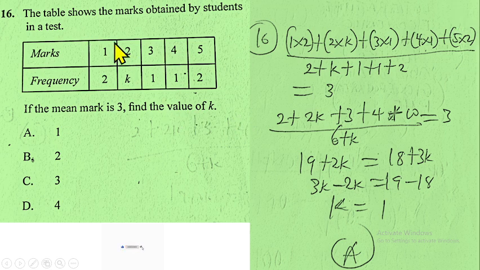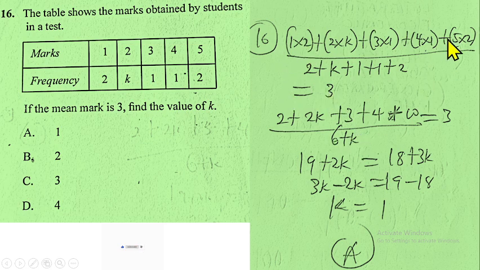So like I said, this is a group data. Then how do we find the mean of a group data? It's quite simple. It is 1 times 2 plus 2 times k plus 3 times 1 plus 4 times 1 plus 5 times 2, divided by the total frequency, which is 2 plus k plus 1 plus 1 plus 2. 2 plus 1 is 3, plus 1 is 4, plus 2 is 6, plus k, that will be 6 plus k.